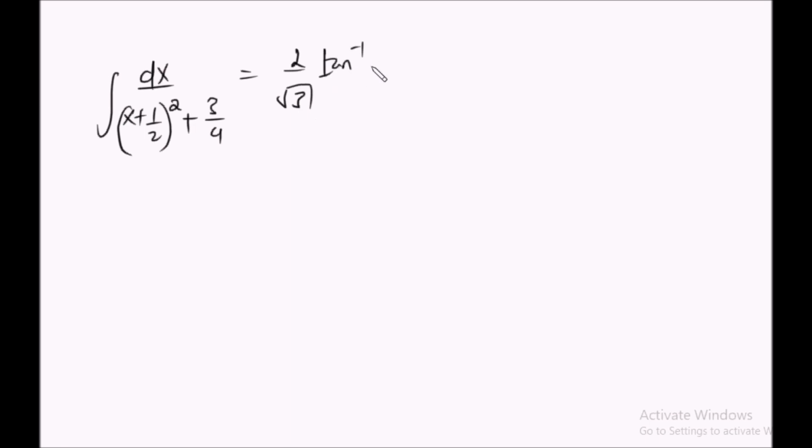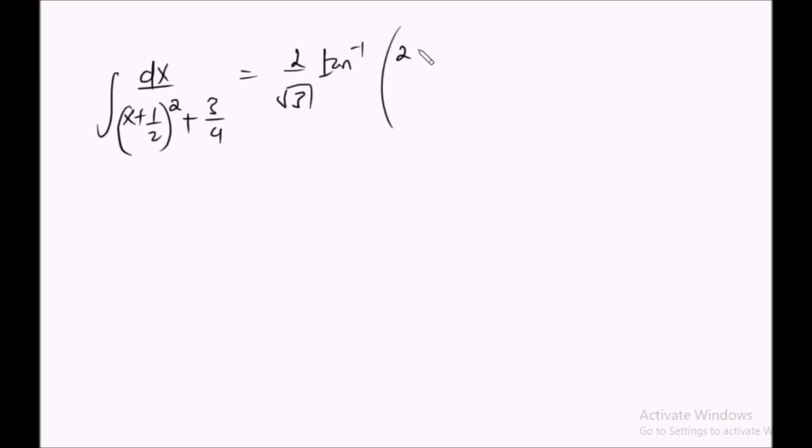So we have reached that when I integrate dx over x plus 1 over 2 squared plus 3 over 4, I get 2 over radical 3, that is 1 over a tan inverse.